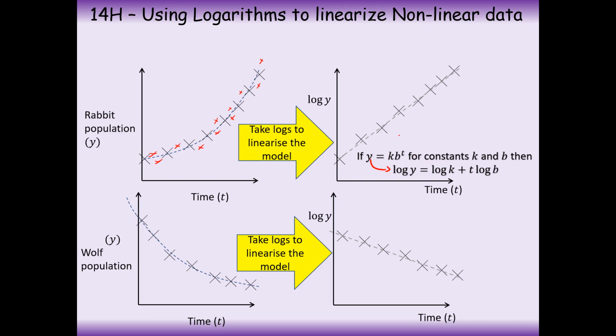You can say log of k b raised to the power of t means that the t can come and sit in front of this logarithm, and furthermore t will multiply by log of k. If we expand that, log of k plus log of b, and therefore t will multiply into that bracket and I will have the equation here.